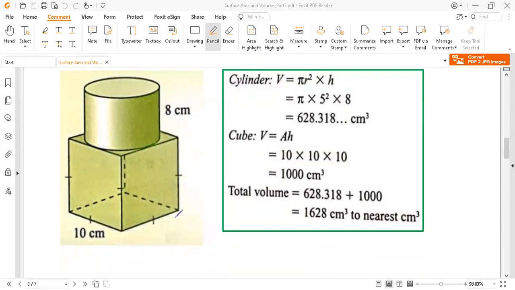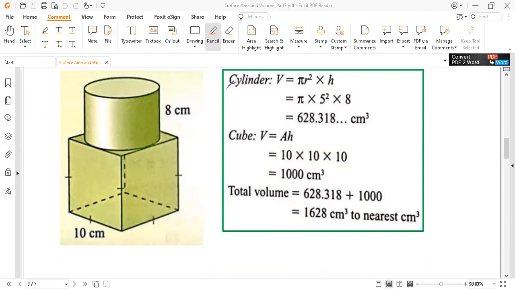We have a cube because all the faces are squares with the same lengths. And we have a cylinder with two circular surfaces and a lateral face.